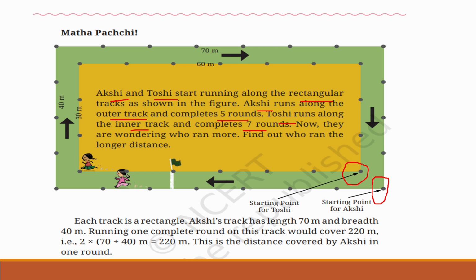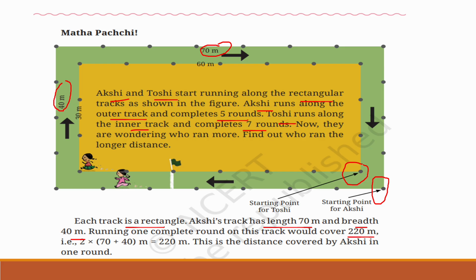So here each track is a rectangle. Akshi's track has length 70 meter and breadth 40 meter. Akshi runs along the outer track. Running one complete round on this track would cover 220 meter. Why?